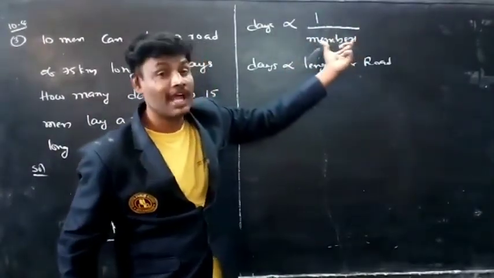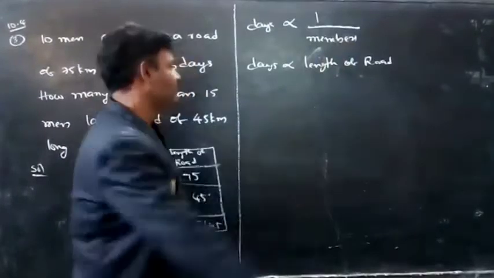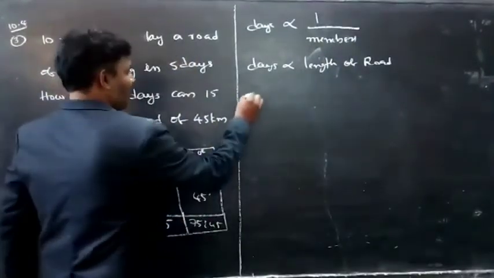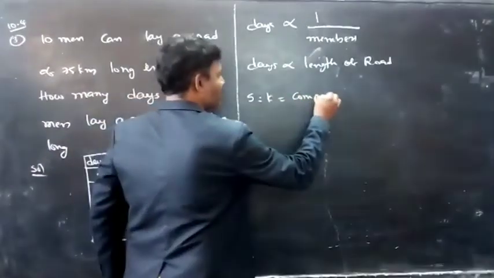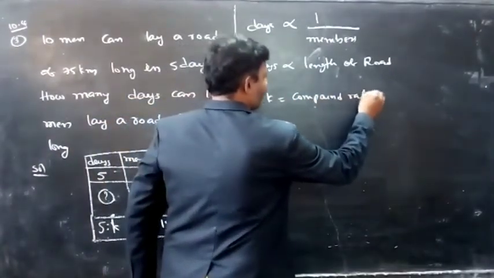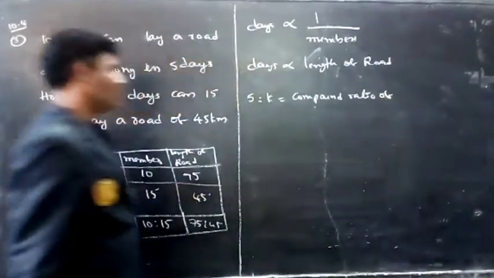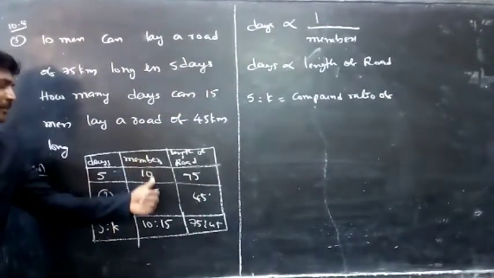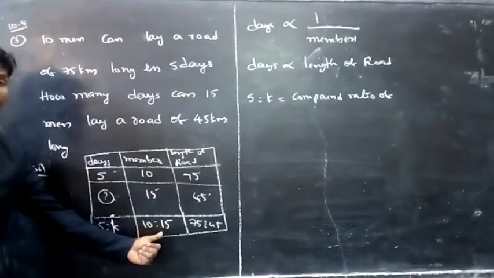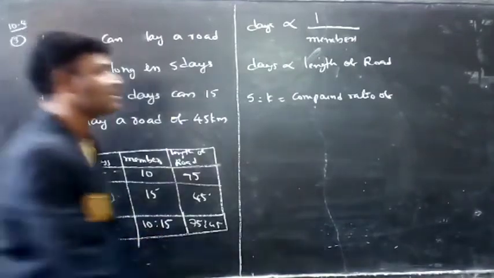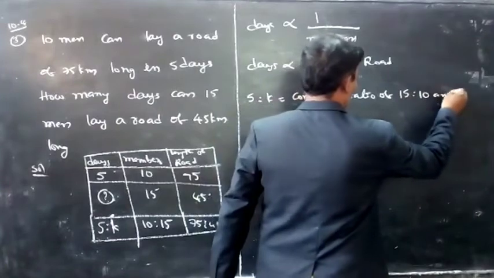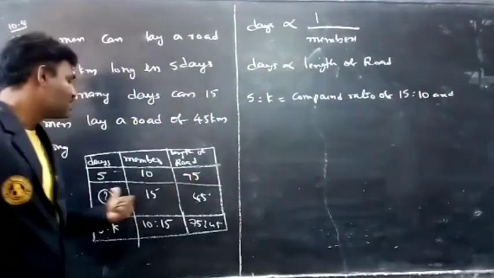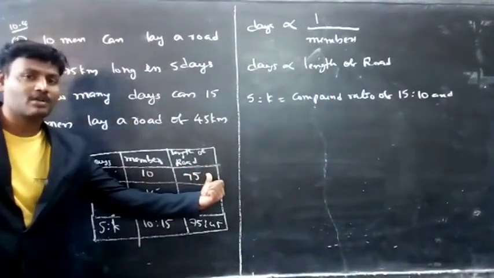So 5:k is equal to the compound ratio of, for members, the inverse ratio. 10:15, the inverse ratio is 15:10.